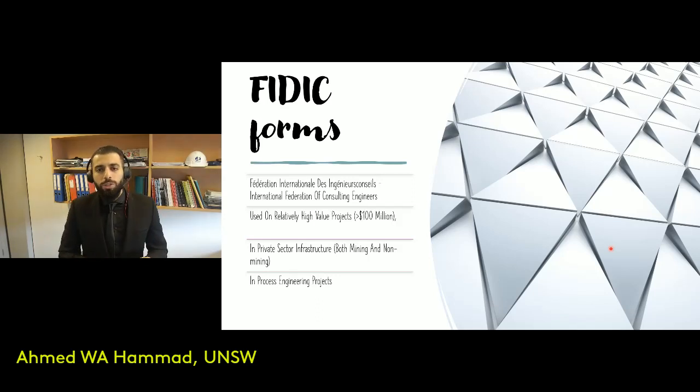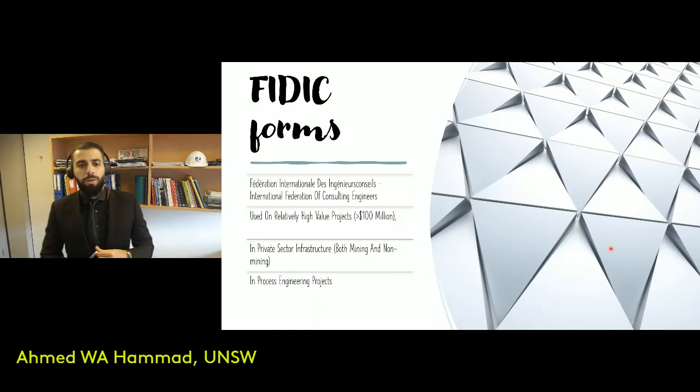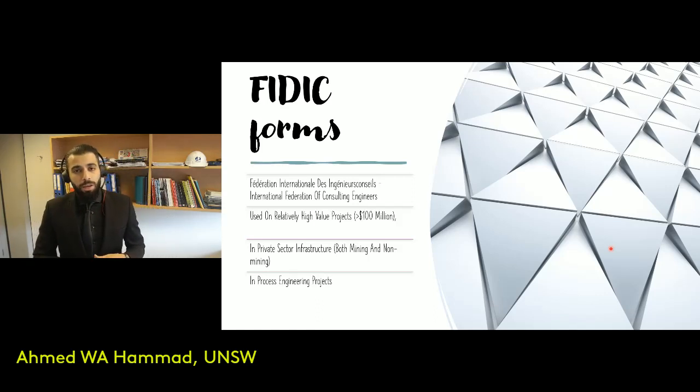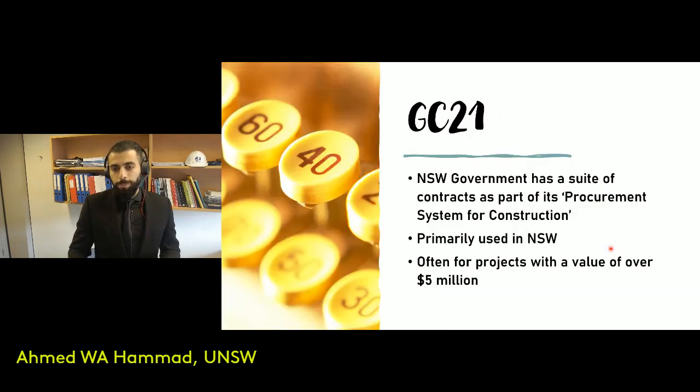It's especially used in the private sector, so mining and non-mining as well, private sector infrastructure. So any project where it's heavily involved in infrastructure, that's where you find them using the FIDIC Forms, and it's also used in process engineering projects.